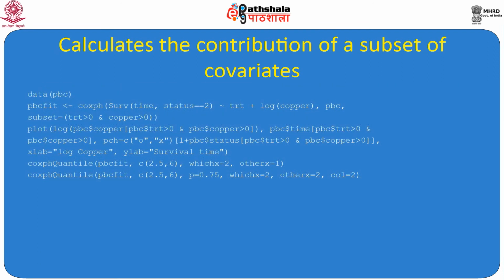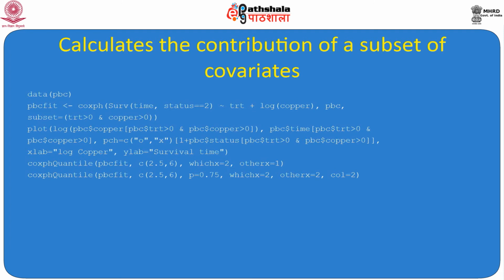Now we'll look at the functions for getting the relative risks. Here these functions model the contribution of the covariates to survival. Again we are calling the data PBC, and after that pbcfit, and we use the coxph function. Like the earlier functions, we put Surv of time and status equal to 2 here, with treatment and log of copper, comma pbc.